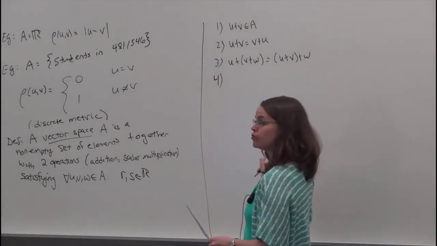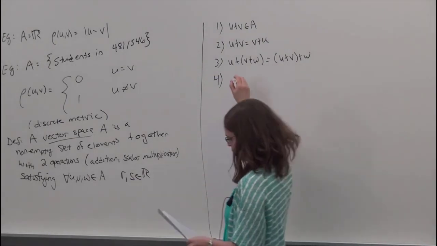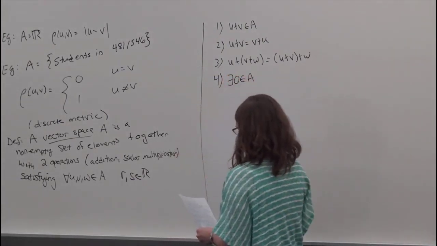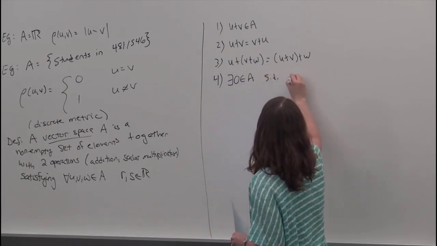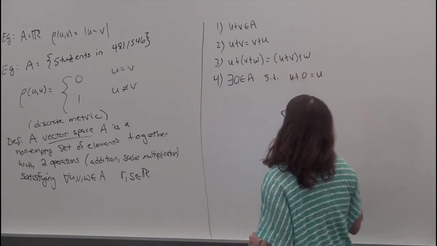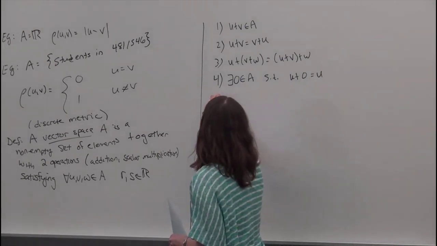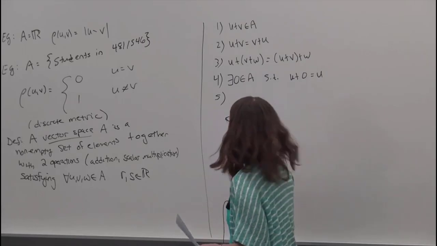What else? There's a 0 element. So there's an object that we call 0, and if I add it to any other object, nothing changes. We have an additive inverse. So every object has an anti-object.